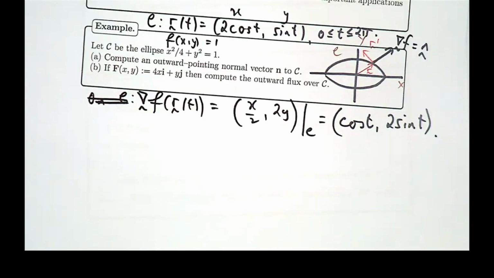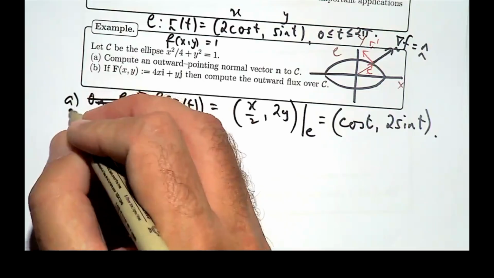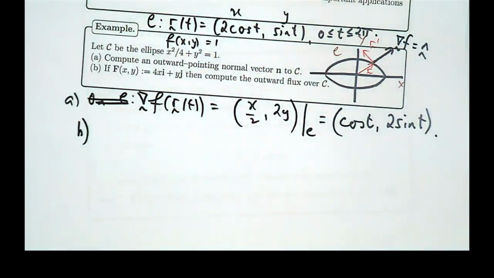But if you look carefully at part A, compute an outward pointing normal vector, great. What I'm going to do for part B is not use just any old outward pointing normal vector. I'm going to normalize it. Why? Because it gives us definiteness with our answer.